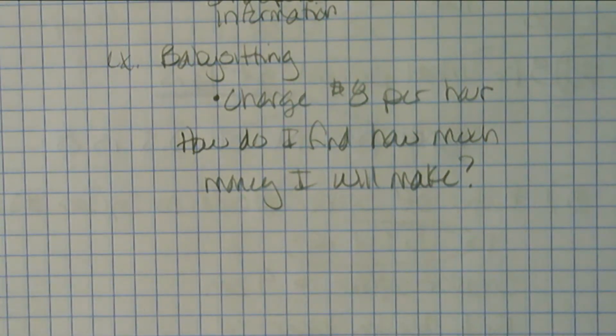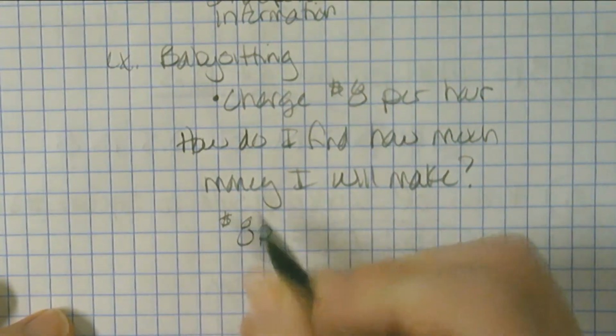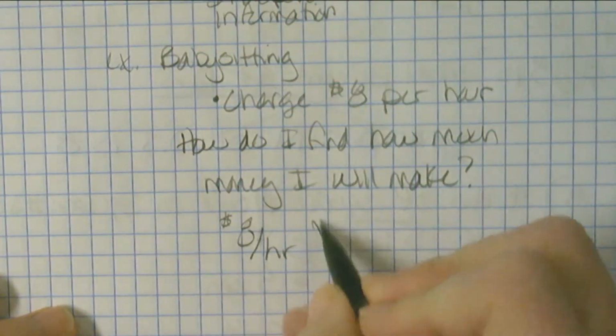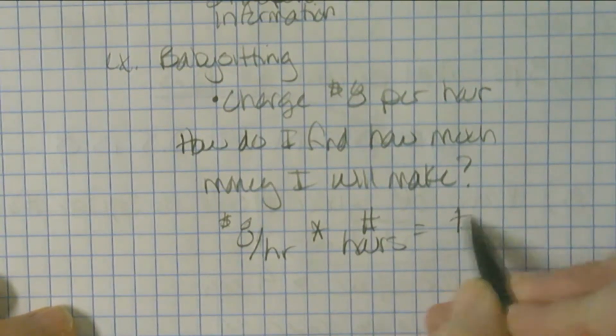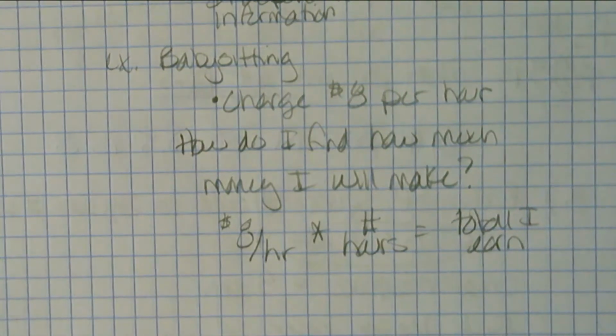So what do I do with the number of hours I'm working? We multiply by the $8 per hour. So if I take my $8 per hour and multiply that by the number of hours, I get the total I earn. How many of you guys agree with that?